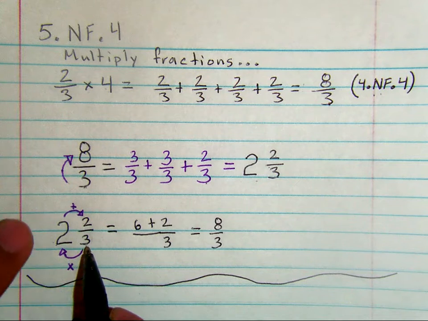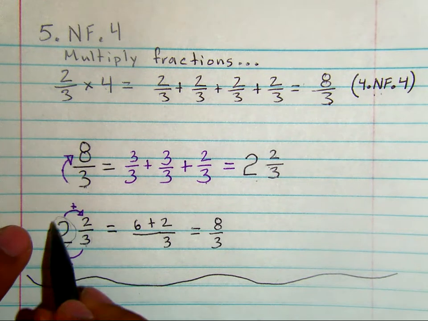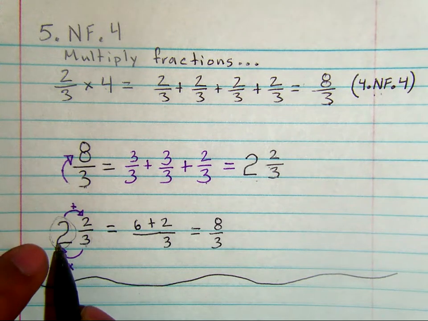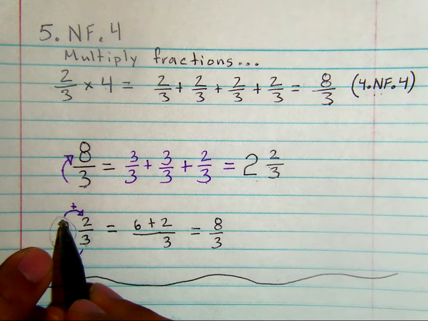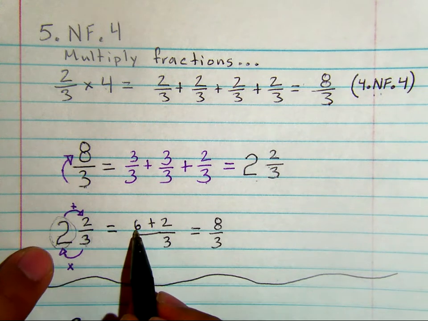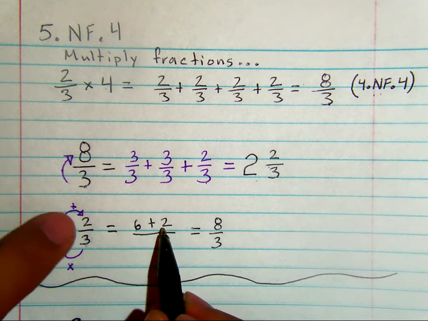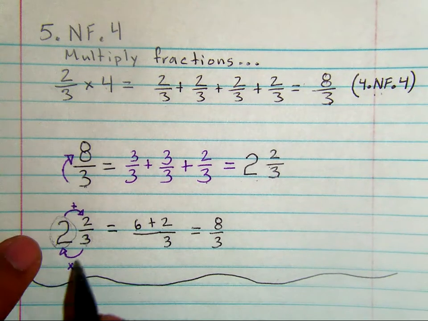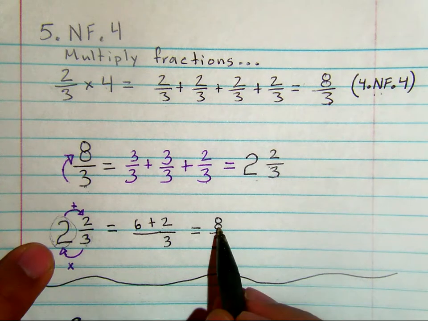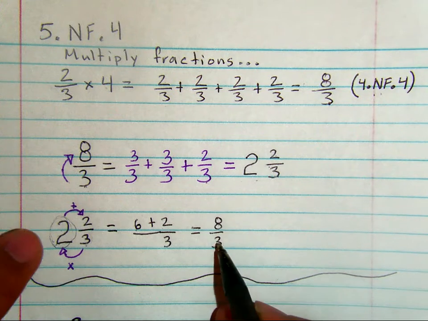But the 2 wholes means that you have 3 pieces for each of those 2 wholes. And so you do have 6 pieces, but you also have an extra 2 pieces that is not enough to make that last final whole. So 3 times 2 plus 2 is going to give you 8 thirds.